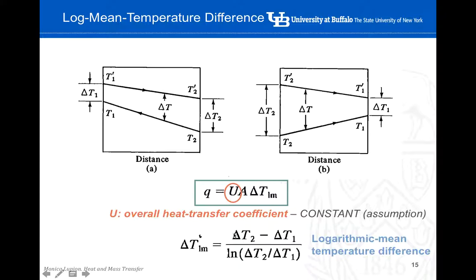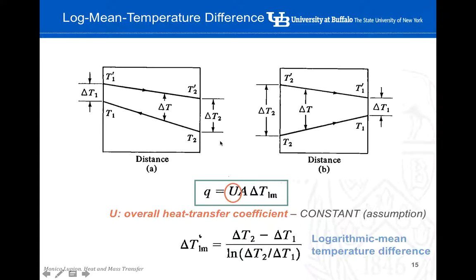How can we define this delta T2 and this delta T1? So delta T1 is the smaller difference between either the inlet or the outlet of the equipment, while delta T2 is the highest difference between these two temperatures.